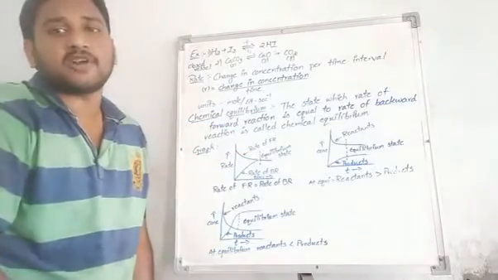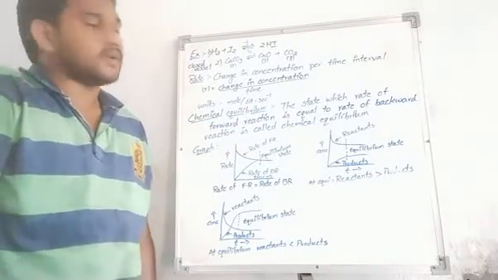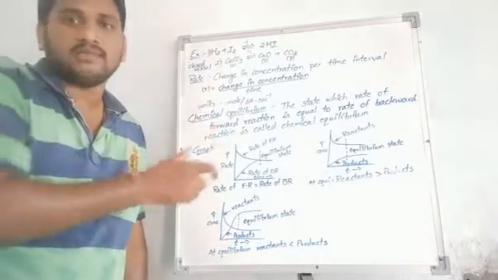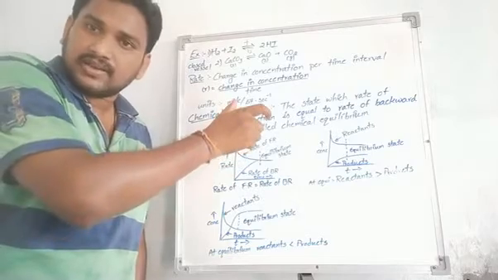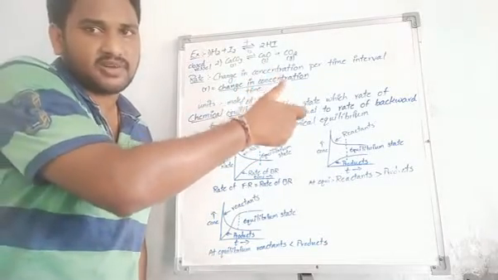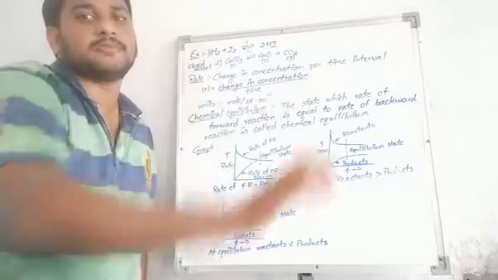Okay, the definition of chemical equilibrium. Students, chemical equilibrium means that in a chemical reaction there is equal change in concentration of reactants and product.